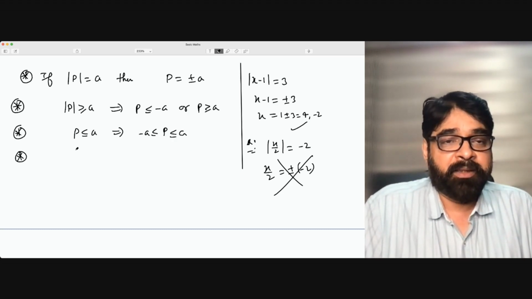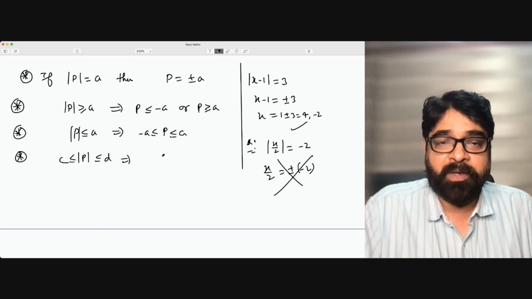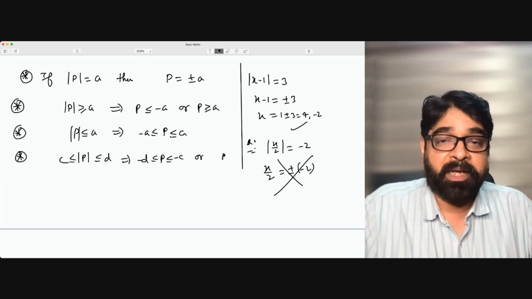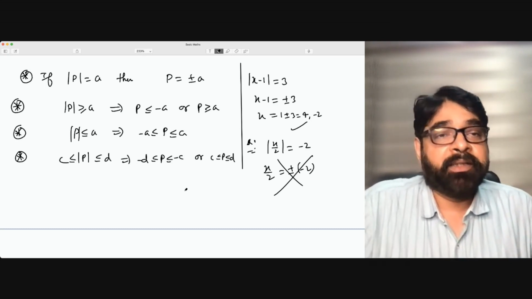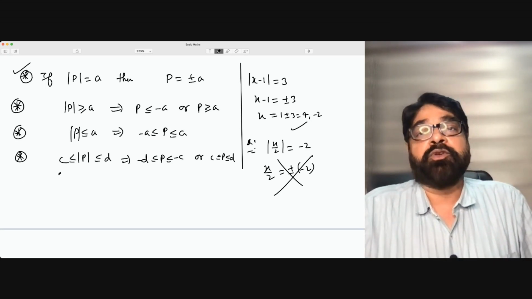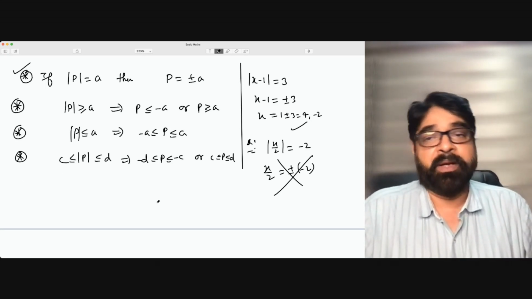If mod p lies between two numbers c and d, this will give you p will lie between minus d to minus c, or p lies between c to d. Right? This is what we use for equations, and this is what we use for inequalities whenever the question comes.